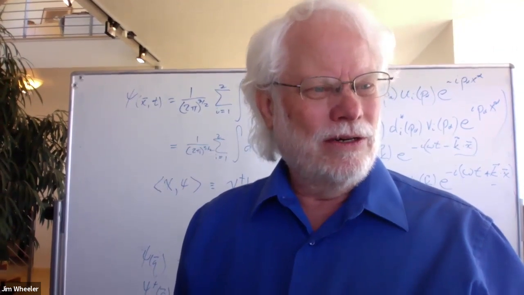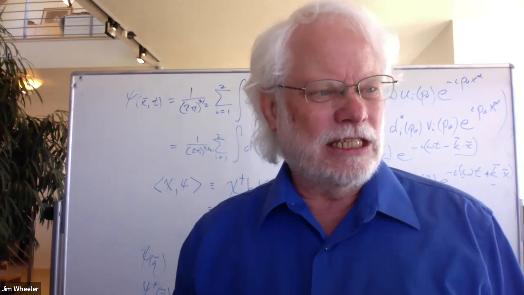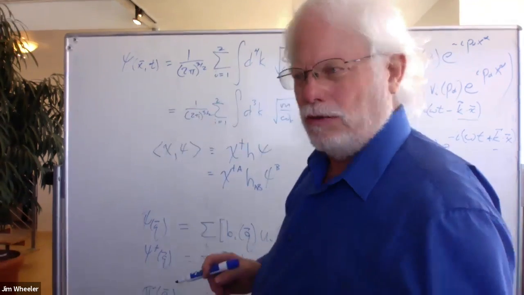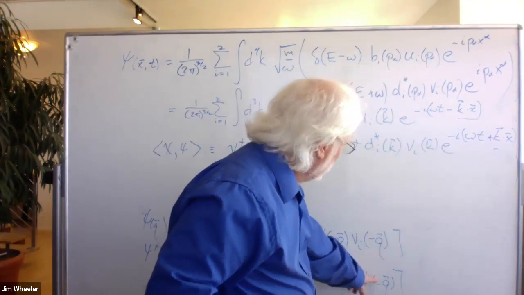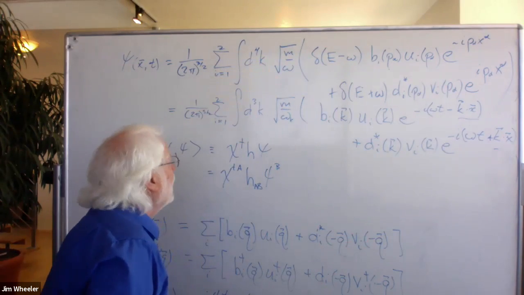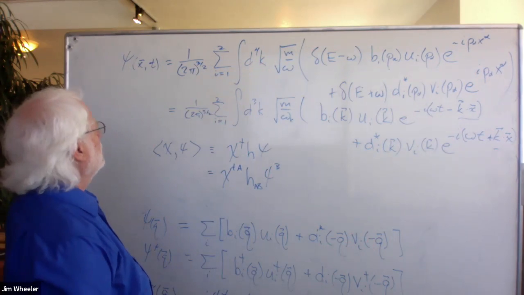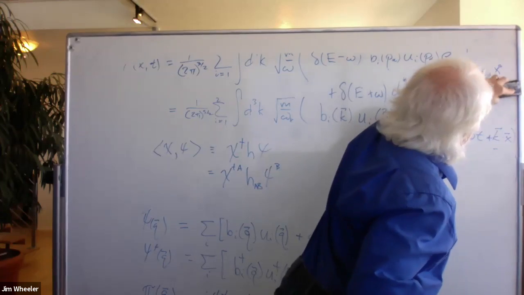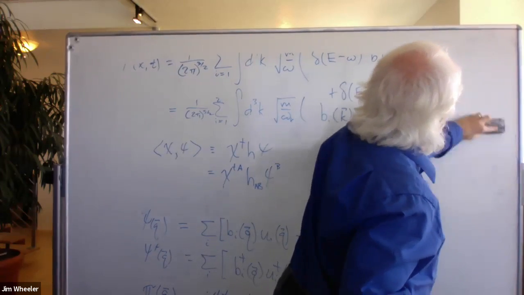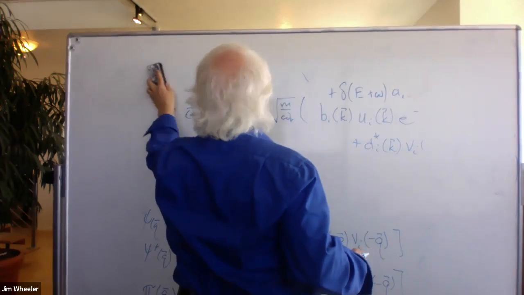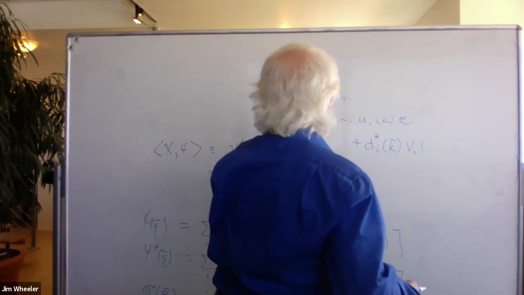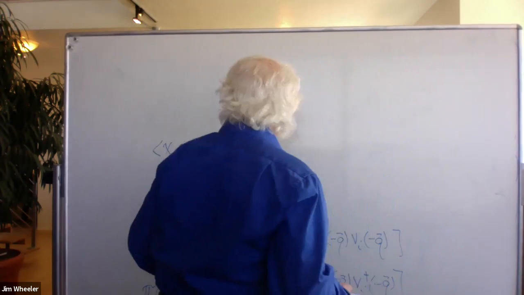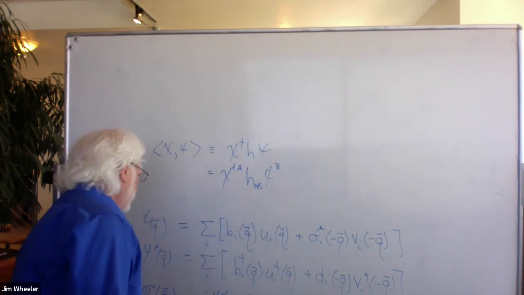Okay, so what do we want to do? Let's look at what V of minus K looks like, because we actually have to deal with this minus sign in V. Sorry, we just need to get rid of our solution here too, so we have some place to work. Okay, so that's our spinor inner product.